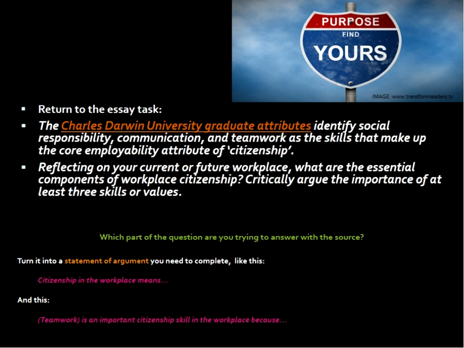Therefore, what you present as your workplace doesn't really have to be true. If you really don't know what you're going to do when you finish uni and you're not working at present, you can't say, I can't do this essay because I haven't got a current or future workplace. Just create one, do a little bit of research, put yourself in the thing, what would it be like to be a teacher, a business person, a nurse, an accountant, a psychologist, and go from there.